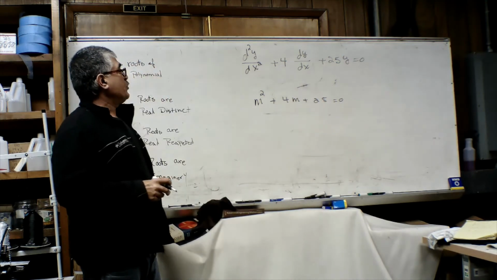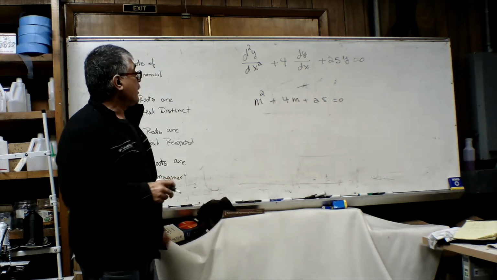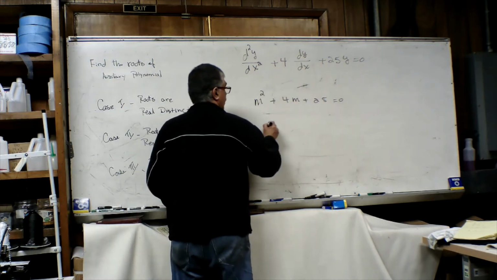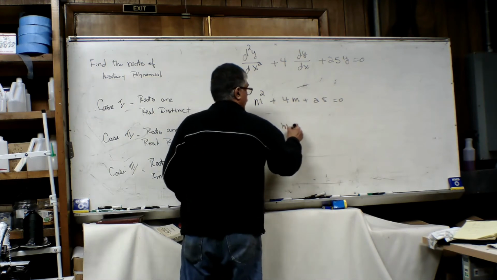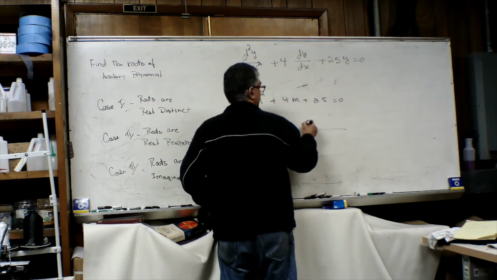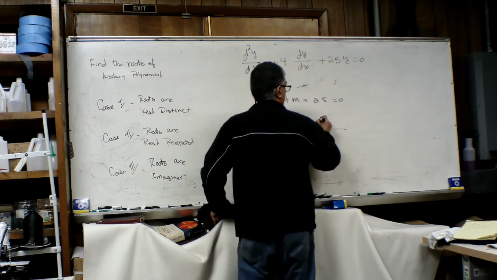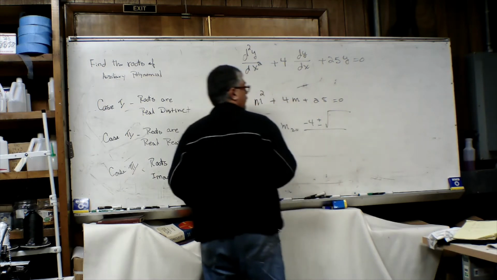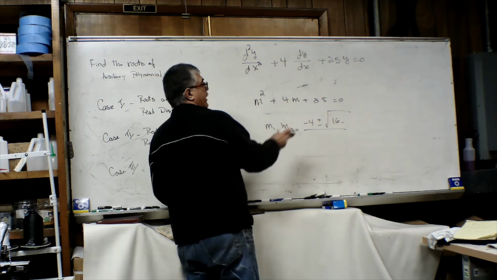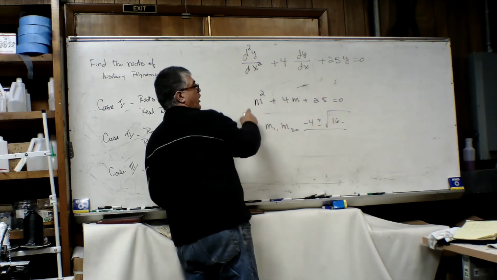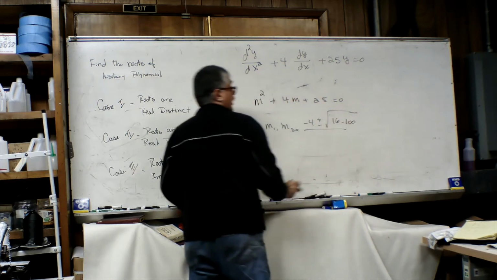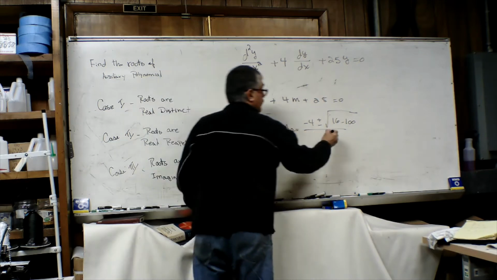So this is one of those problems that we cannot factor out. So in order for us to solve for m1 and m2, they will be equal to minus b, which is minus 4, plus or minus the square root of b squared, which is 16, minus 4ac, where a is 1 and c is 25, so 4ac is 100, divided by 2a, where a is 1, divided by 2.